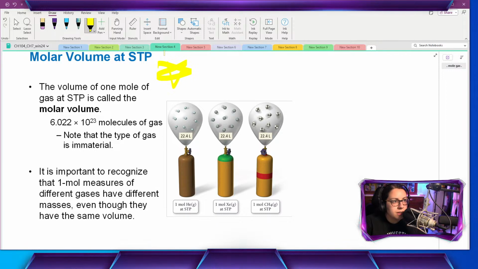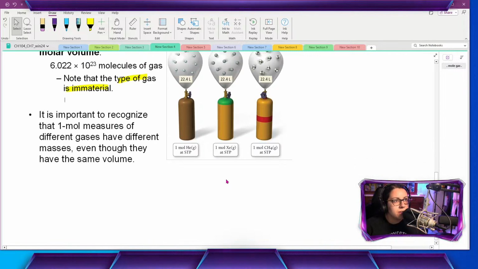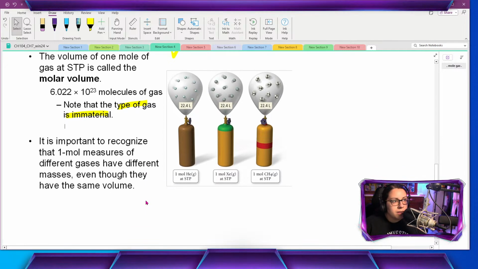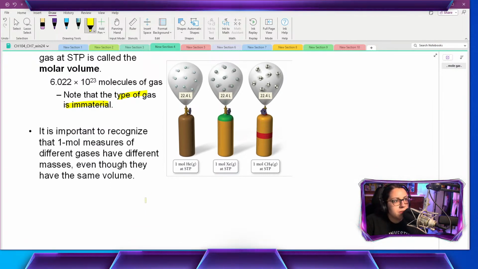And we said the type of gas does not matter. I thought I had a graph here, but I don't have it in these notes. I just want to emphasize that in reality there are a few differences, but for the most part they're pretty close to 22.4 liters. Even though they have the same volume, they have different masses, so they have different identities, and they would also have different densities.